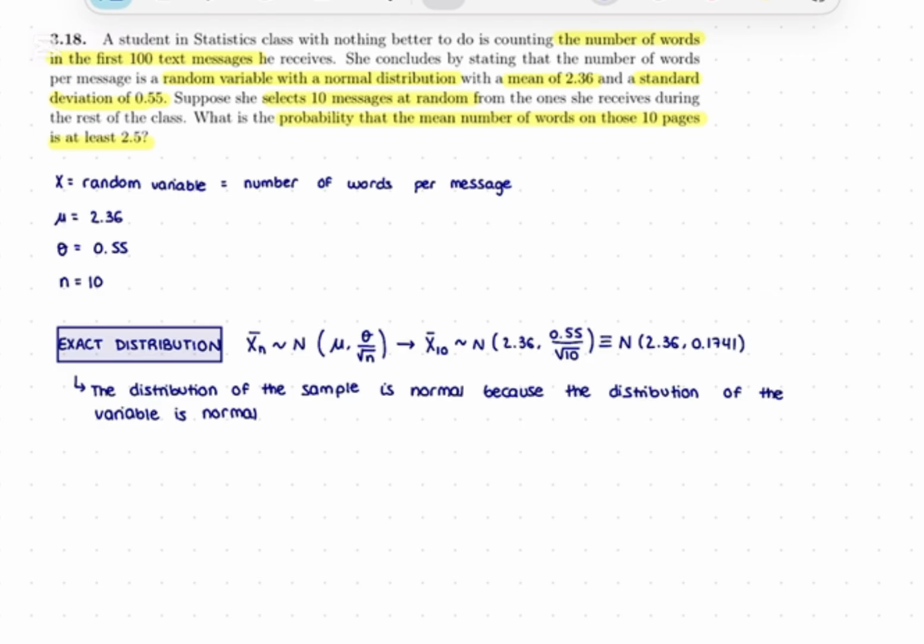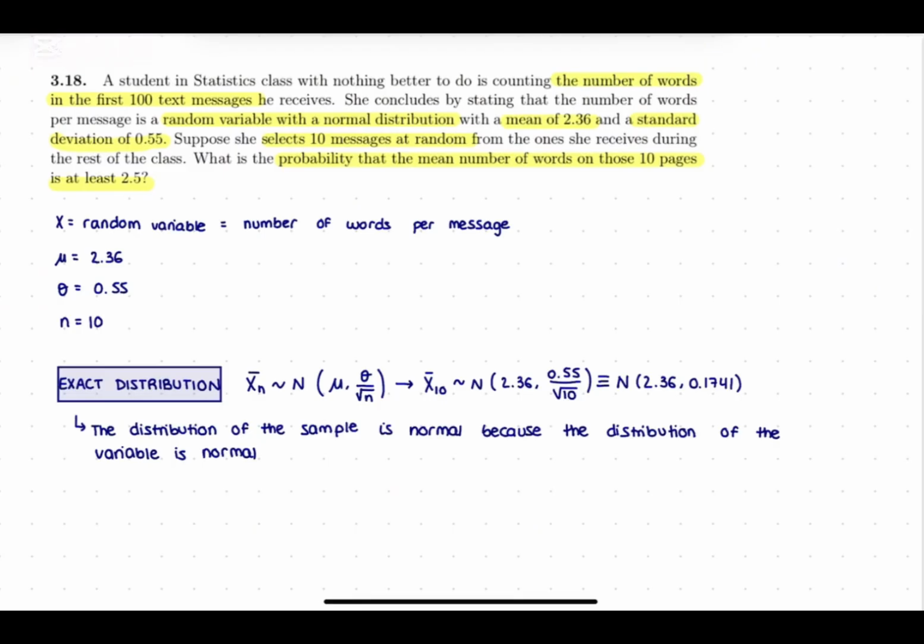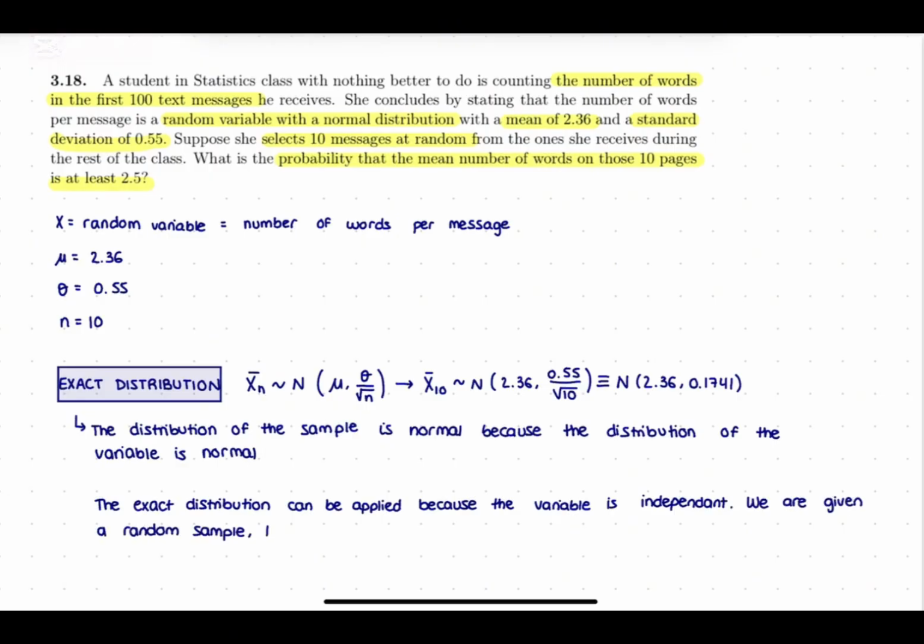And this leads to this distribution. Finally, the exact distribution can be applied because the variables are independent. As we are given a random sample, we can directly assume independence.